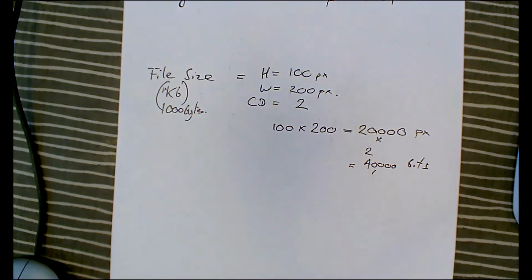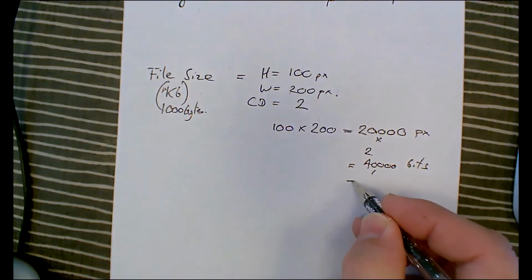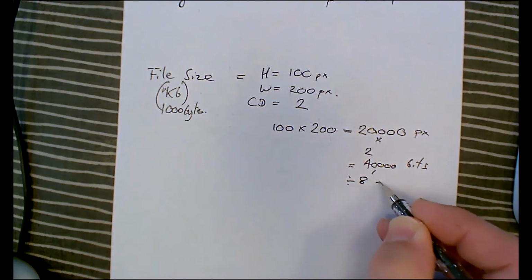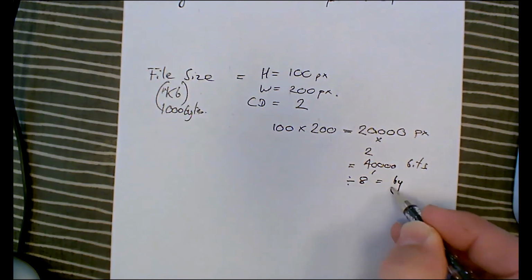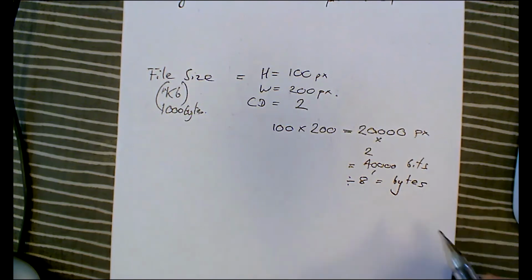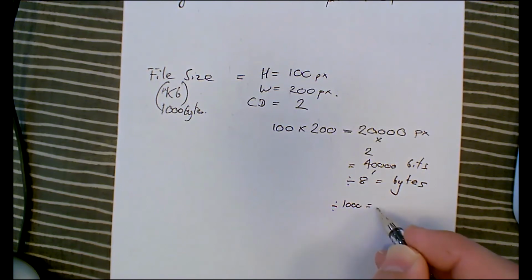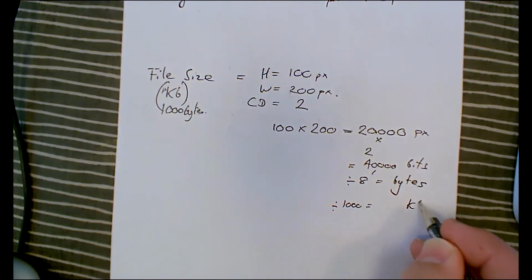And to get to the actual kilobytes, we need to do 2 steps. We need to divide that by 8 to get the bytes, and then we need to divide by 1,000 to get the kilobytes.